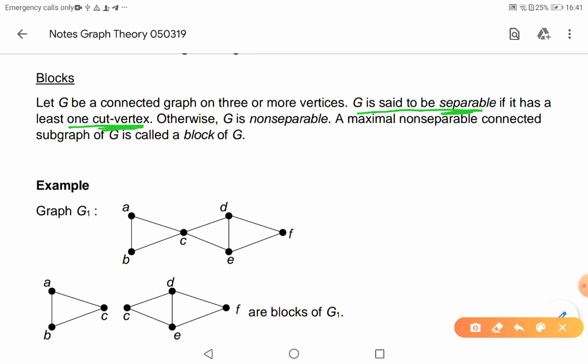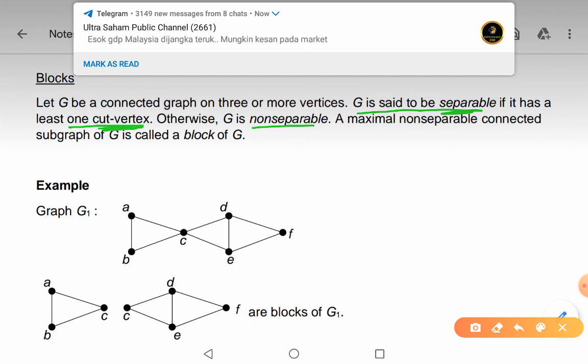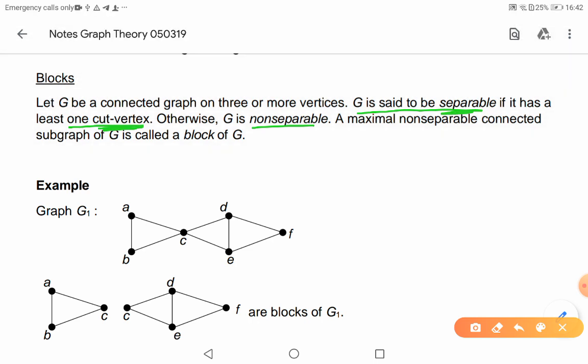Otherwise, G is non-separable. If there is no cut vertex, that means G is non-separable. A maximal non-separable connected subgraph of G is called a block of G. Let me show some examples.